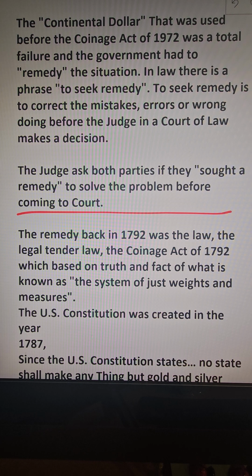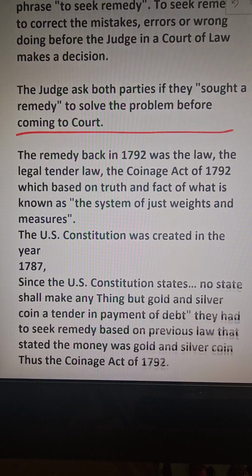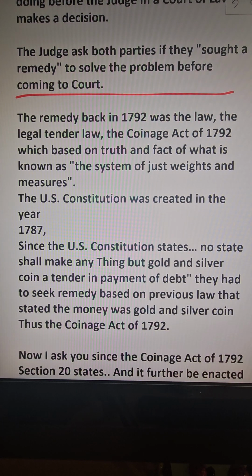In law, there's a phrase to seek remedy: to seek remedies to correct the mistakes, errors, or wrongdoing before a judge in a court of law makes the decision. So they had to seek remedy. What is the solution to the situation of a worthless thing called a Continental Dollar, redeemable in nothing? The judge asks both parties if they sought remedy to solve a problem before coming to court.